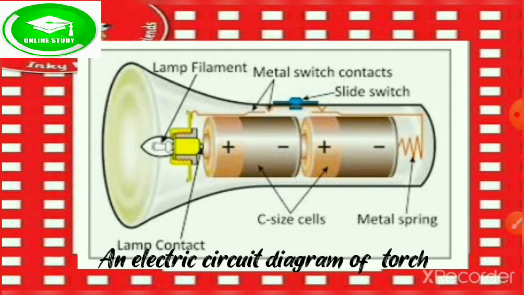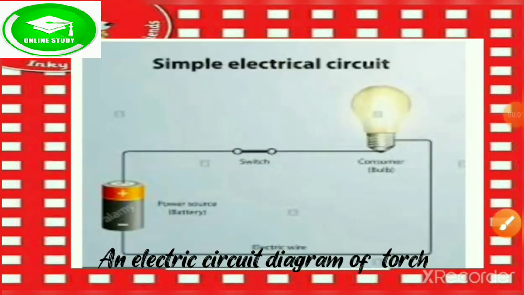We must ensure that current flows through both batteries in the same direction. If batteries with similar terminals are placed in contact, the current will not flow through them and the torch will not glow.